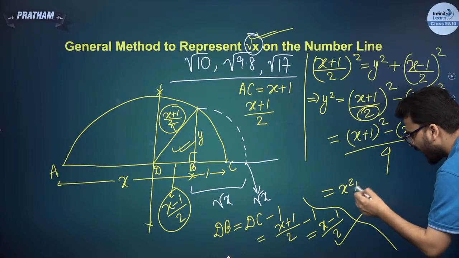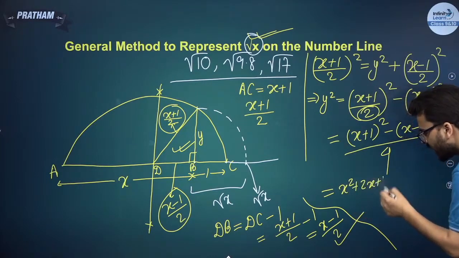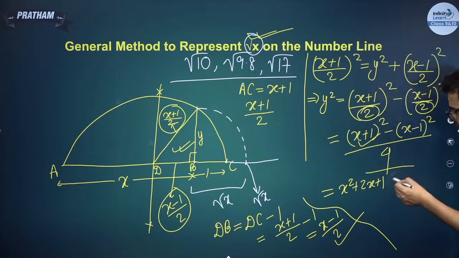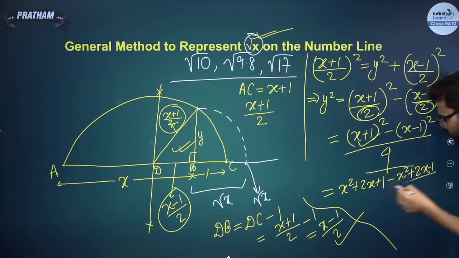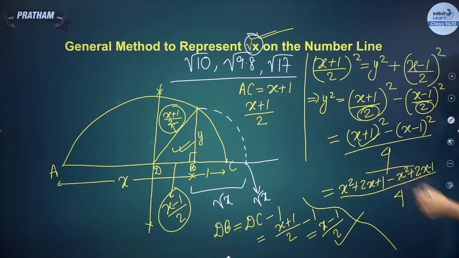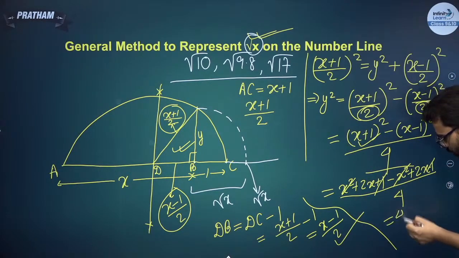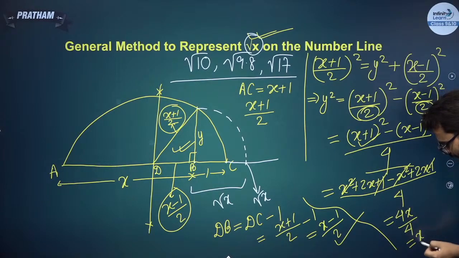You will get x square plus 2x plus 1 minus (x square minus 2x plus 1), divided by 4. You can do this calculation, guys. This will get cancelled out, this will get cancelled out. So you will be left with 4x by 4 after simplification, and that is equal to x only.